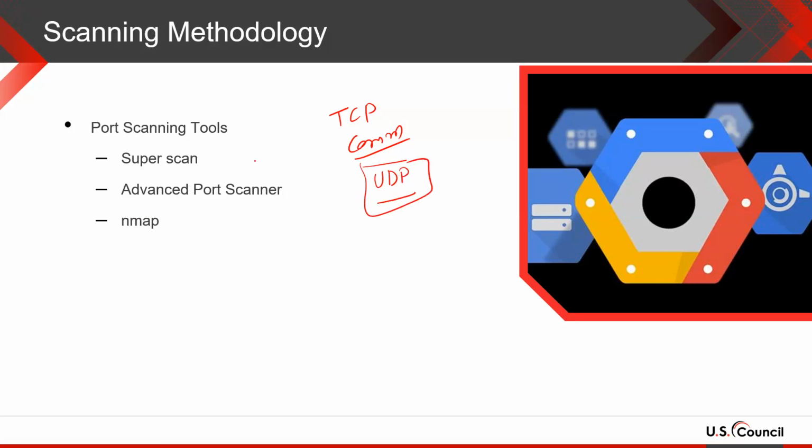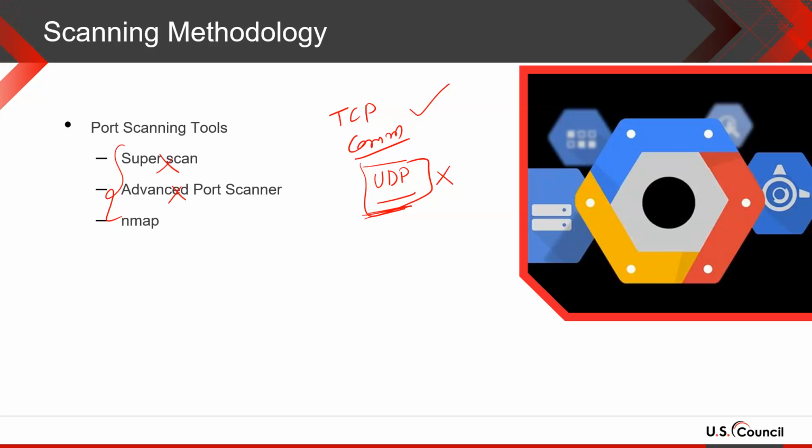So these port scanning tools like SuperScan or advanced port scanner that you use, they only show TCP communication, right? So if you also want to see open ports based on UDP communication, then these are not the proper tools.